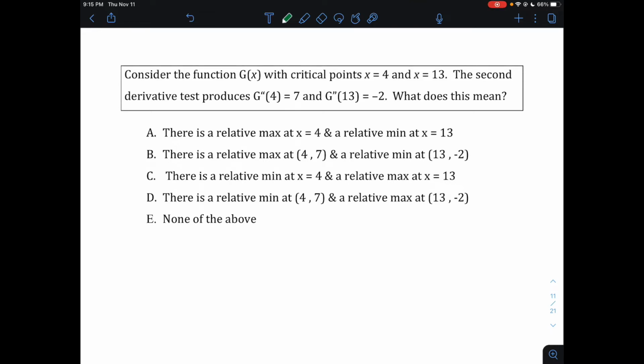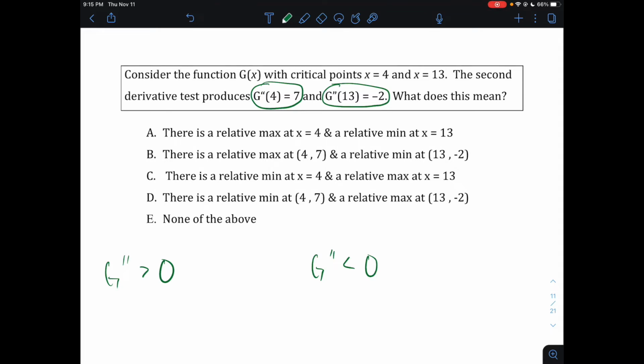And if we get that our second derivative is positive, like g double prime of 4 equals 7, that tells us something. And also, if g double prime of a value is less than 0, like g double prime of 13 equal -2, that also tells us something.